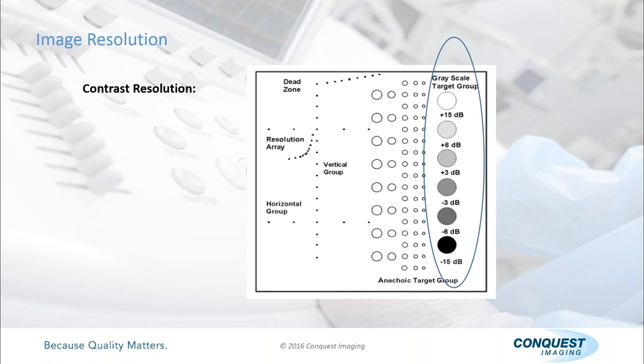Not only the fact that you can physically see them, but that they're different and that you can resolve them from the actual background, which is your ballistic gel. So if you were unable to do that, diagnosis would be very difficult for certain density cysts. So it's important that you resolve down to these different decibel levels.